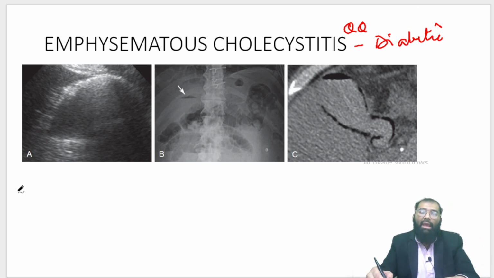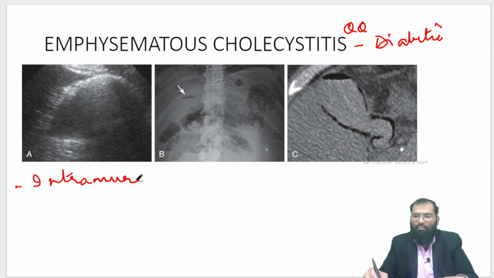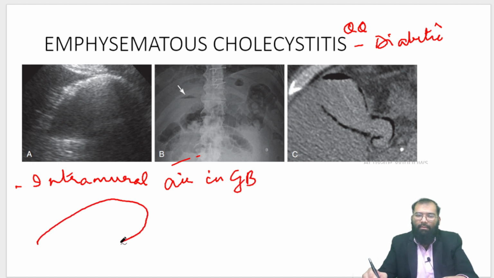You will see air within the GB wall, which is called intramural air in GB. So if this is GB and this is wall of GB, you will see there will be air foci within the GB wall.